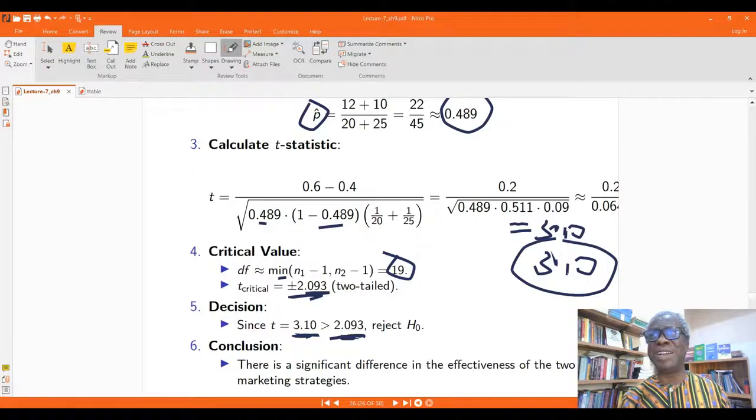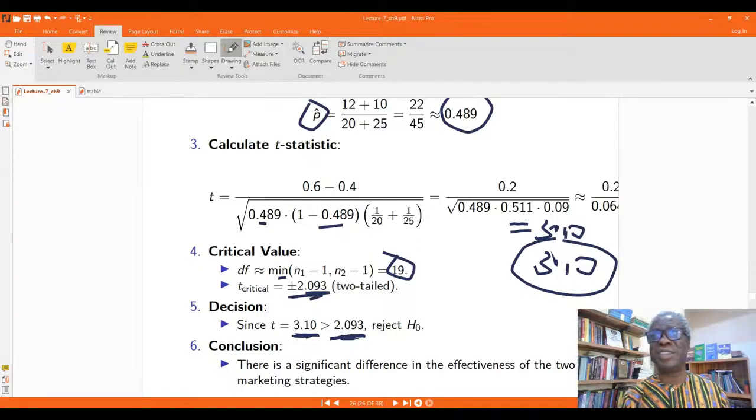Please be careful. The conclusion does not say A is better than B, because that's not the hypothesis tested. Neither does it say B is better than A. It's simply saying there is a significant difference.